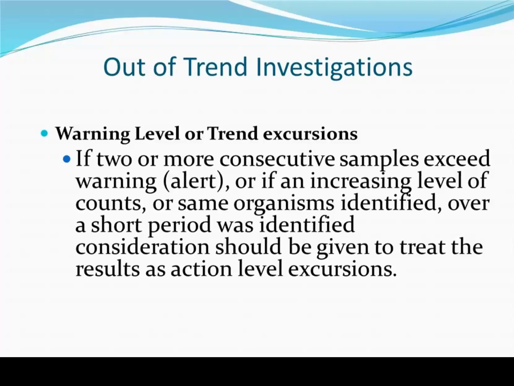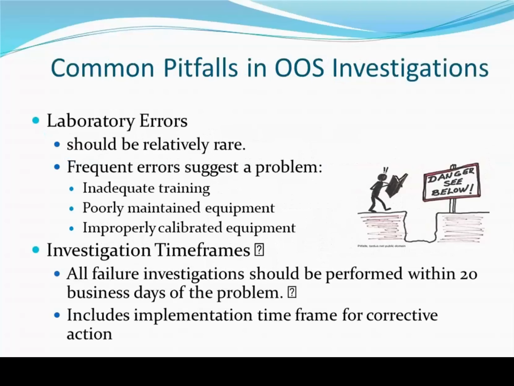Maybe you have an overwhelming organism that's always identified, such as Staphylococcus. So you have to give consideration to treat those results as action level excursions, and you need to start to investigate. So out-of-trend investigations are very important to our stability and our EM programs.